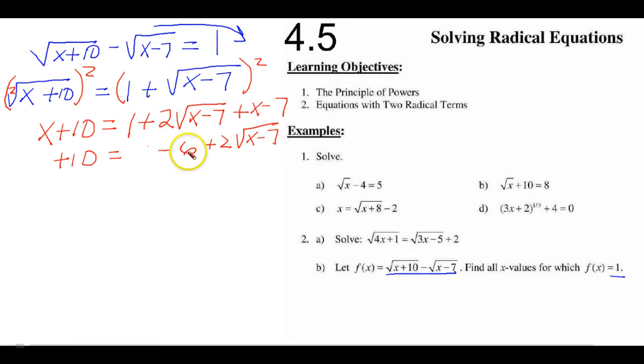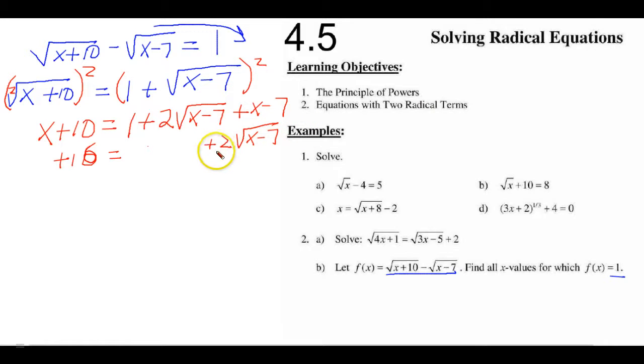And now I'm going to transpose this negative 6 to this side. So add 6, add 6. This is going to become a 16. And then this is gone now. Just saving a little room. So this is what I have.